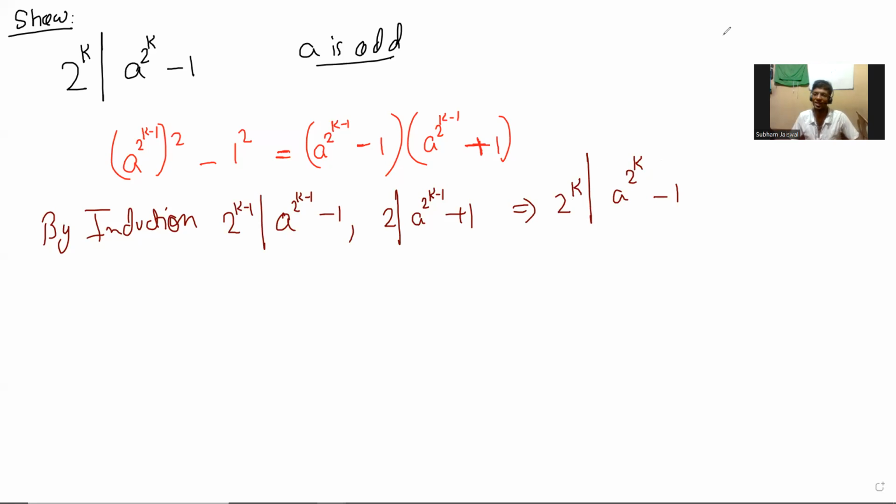Is this okay? This is the induction hypothesis, which is what should be said when you're writing clearly. And obviously for small cases, it's trivial to check.